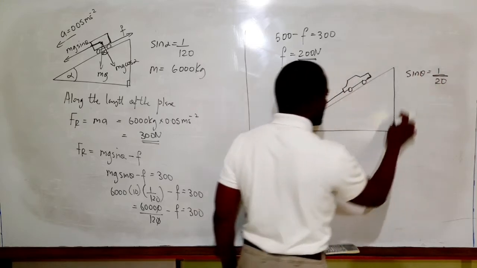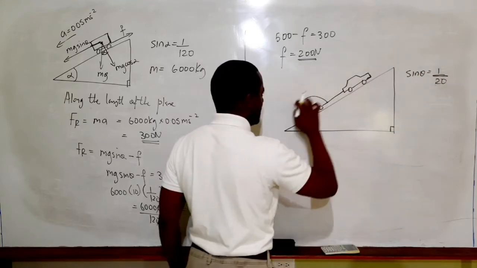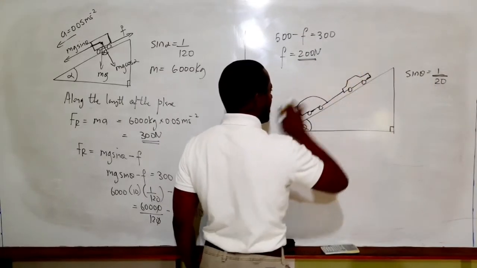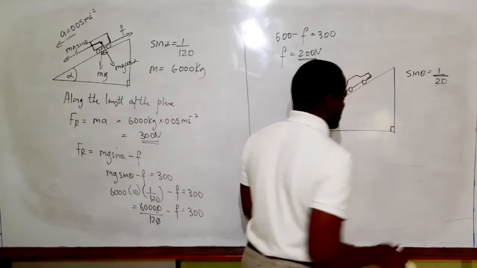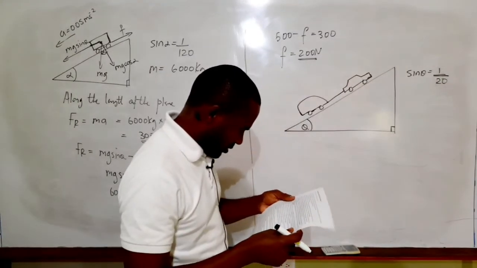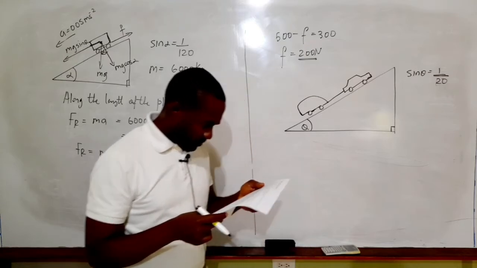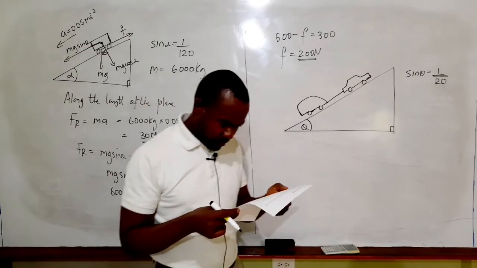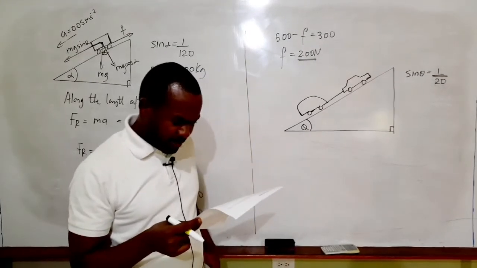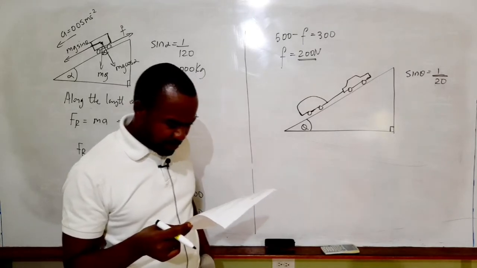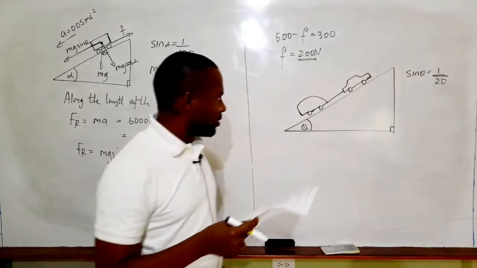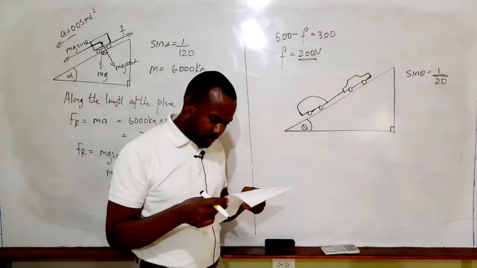The road rises 1 meter for every 20 meters of its length.